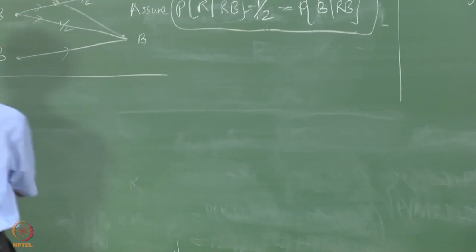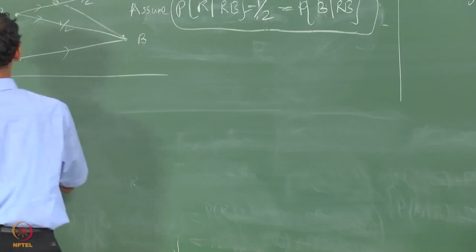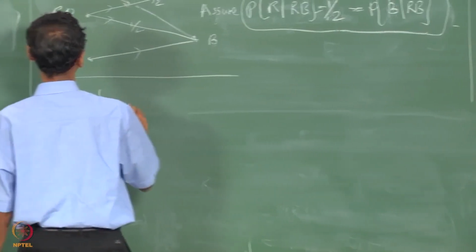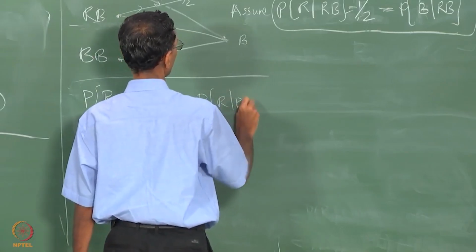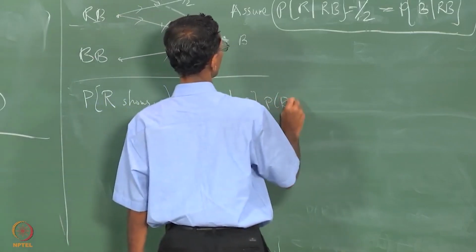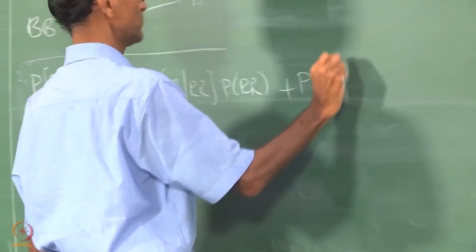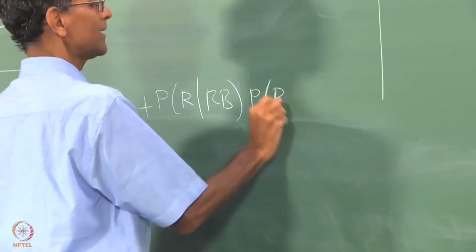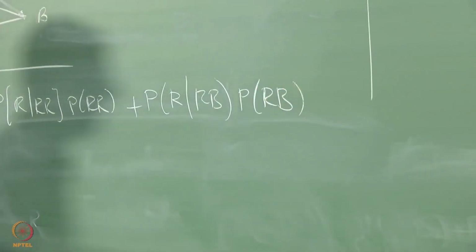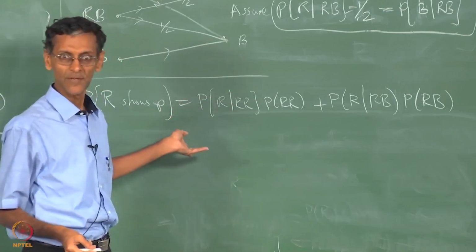So P of R seen or R shows up, for example, is P of... now I don't have to put BB because I know that term will not exist in this summation because that's 0.